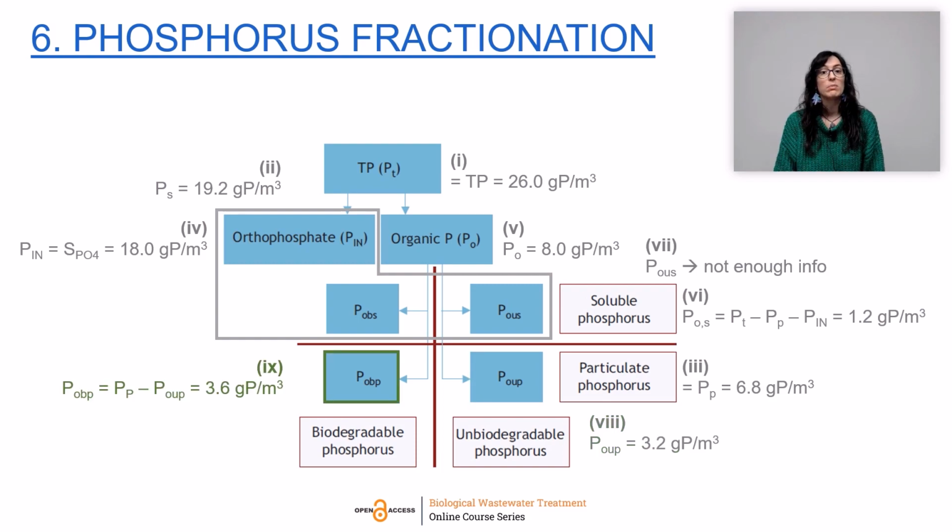As last step, we can estimate the particulate biodegradable phosphorus as the difference between the particulate concentration and the particulate unbiodegradable concentration. And after this step, we have finished all the calculations for the different phosphorus fractions.